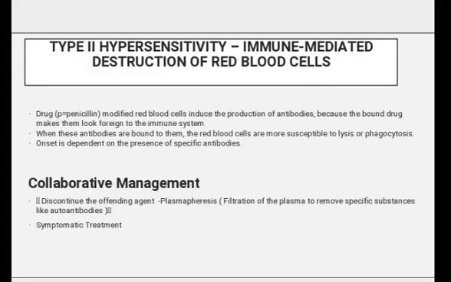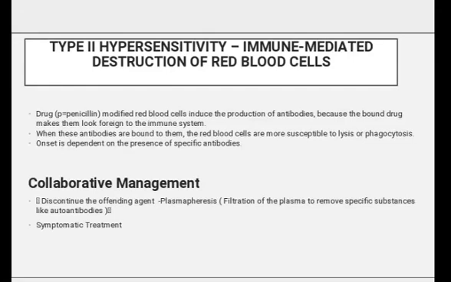Drug modified red blood cells induce the production of antibodies because the bound drug makes them look foreign to the immune system. When these antibodies are bound to them, the red blood cells are more susceptible to lysis or phagocytosis. Onset is dependent on the presence of specific antibodies.